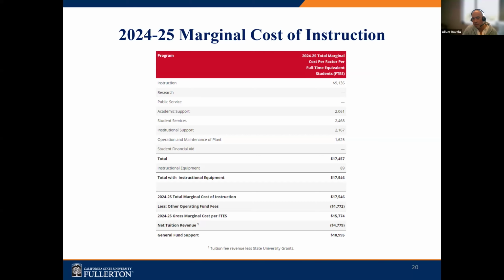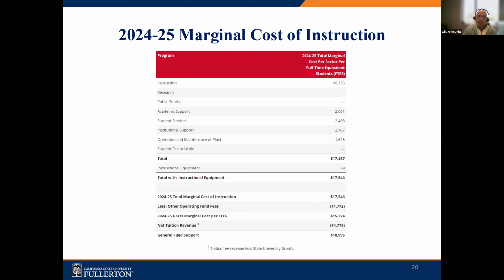And what I mean by that is this: some campuses are able to, because of their size and scale, or because of other factors like their ability to attract over-enrollment, generate proportionally more tuition fee revenue. So more of that $17,000 that you see here for marginal cost is supported by fee revenue.